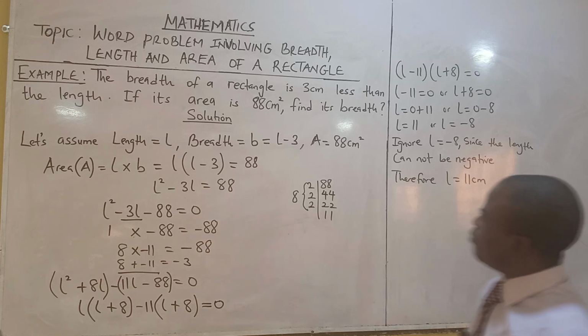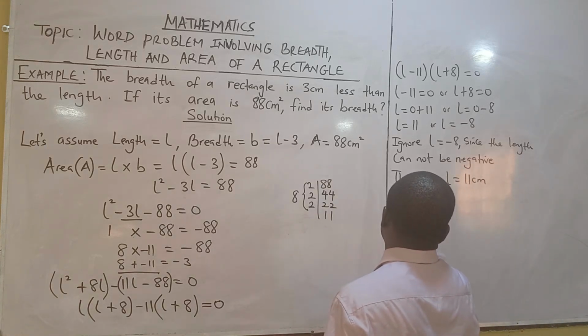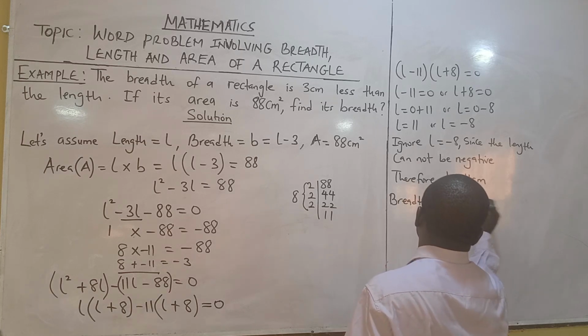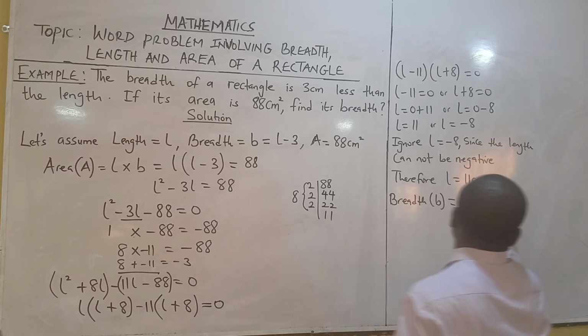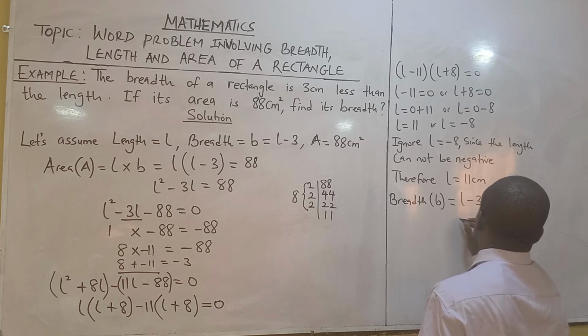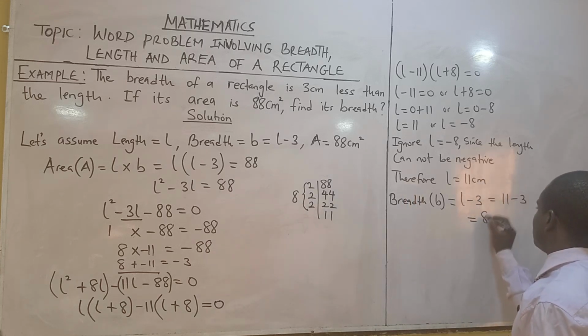Now, but we have to find the breadth. Breadth B equals L minus 3, which equals 11 minus 3, which equals 8 centimeters.